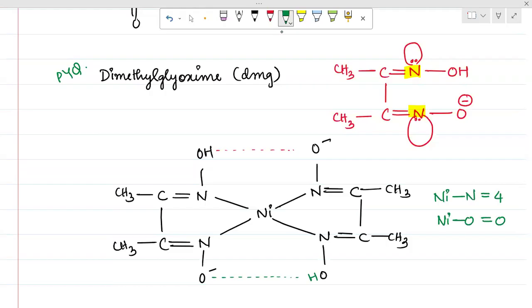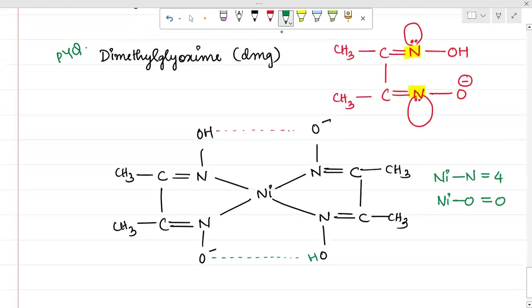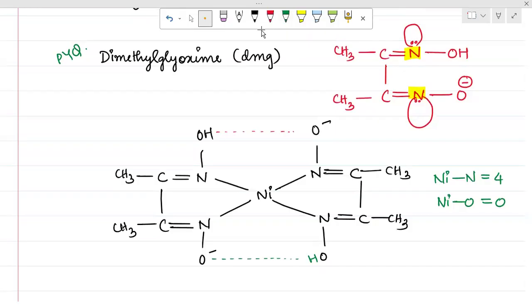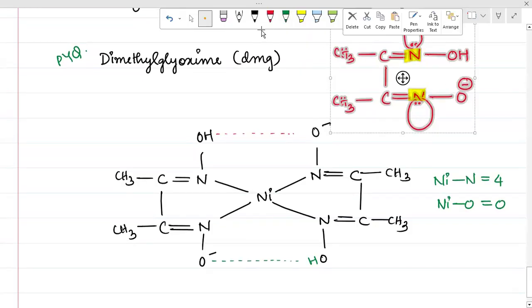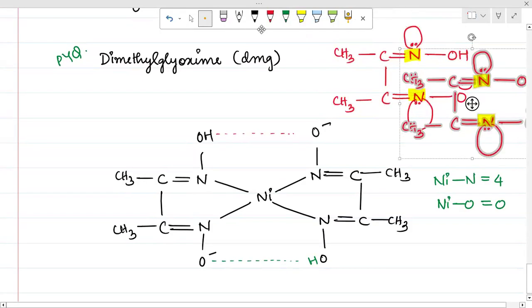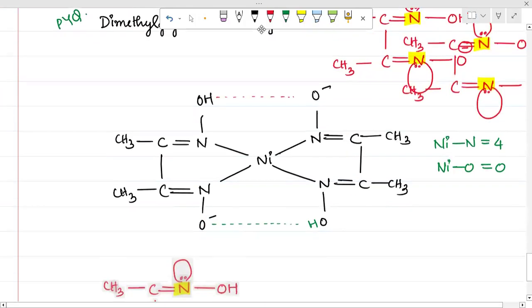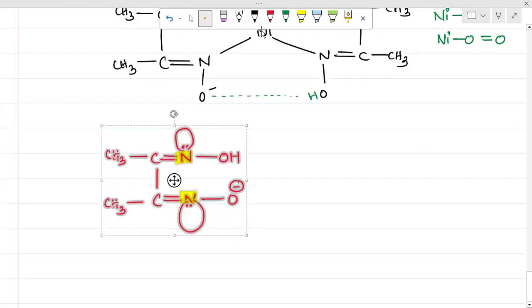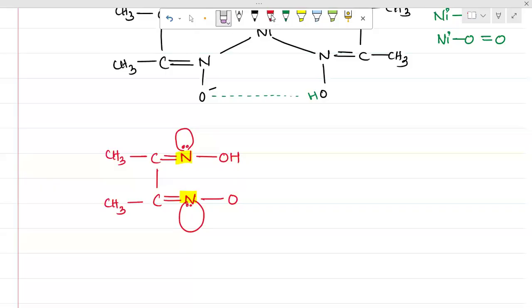If you don't know the structure, that's a problem with inorganic. You have to be familiar with the complexes. How do you generate this DMG ligand? Usually if they ask in the questions, this would be the starting complex which is given. And then to this, they'll add NH3. You can see here both of them are in hydroxyl form.